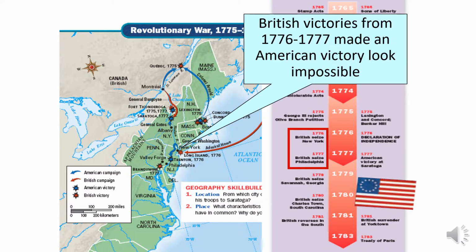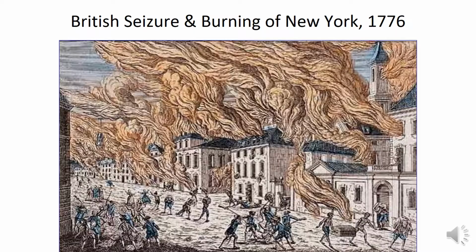They force Washington to retreat, and then they take these two really important forts, Fort Lee and Fort Washington, and all is looking lost at that point in time for the Continental Army. They go into New York, like I just said, and burn portions of New York, and again push the Continental Army back.